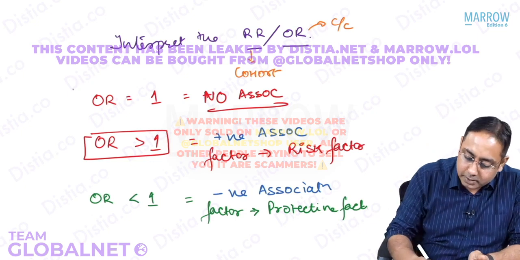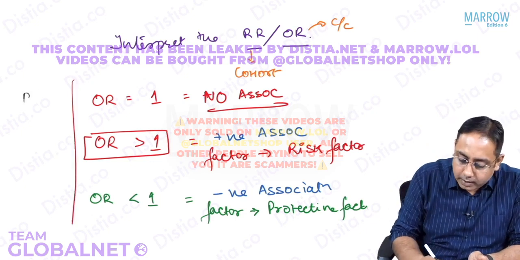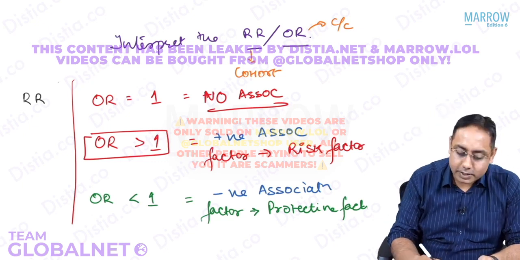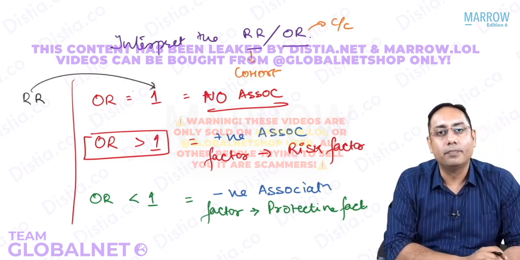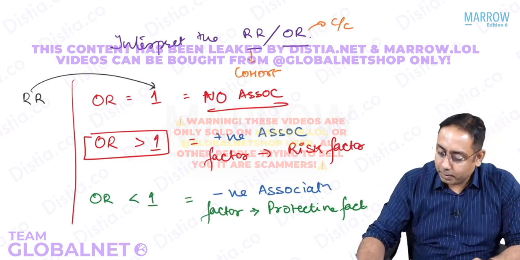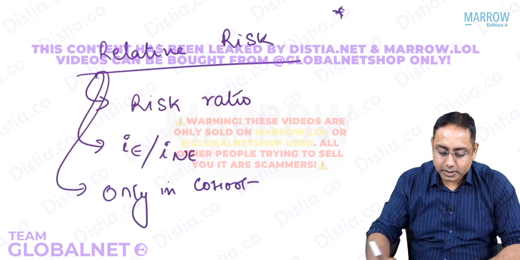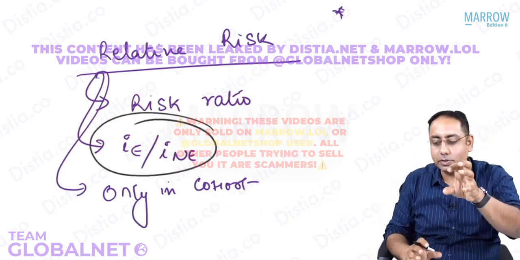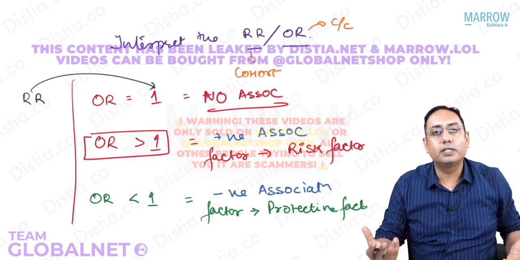On the same principle, let us talk about the relative risk. What is relative risk? It is the risk ratio. If the risk ratio is equal to 1, what does it mean? You remember what is relative risk? Relative risk is incidence in the exposed divided by incidence in the non-exposed. If it is equal to 1, what does it mean?